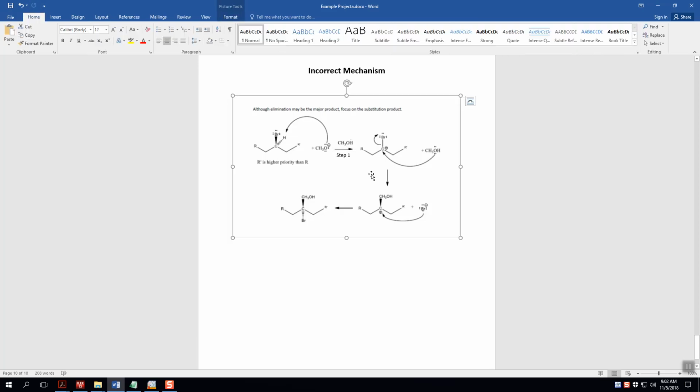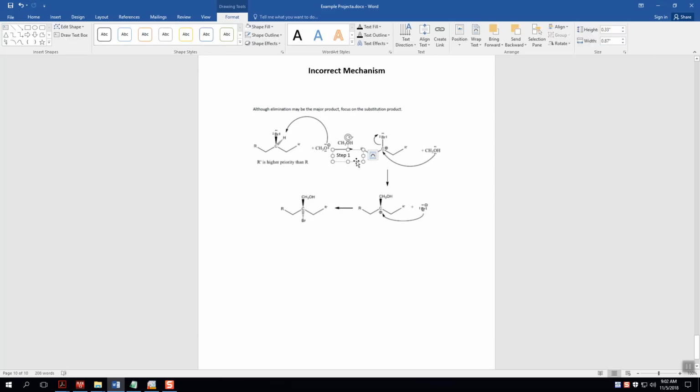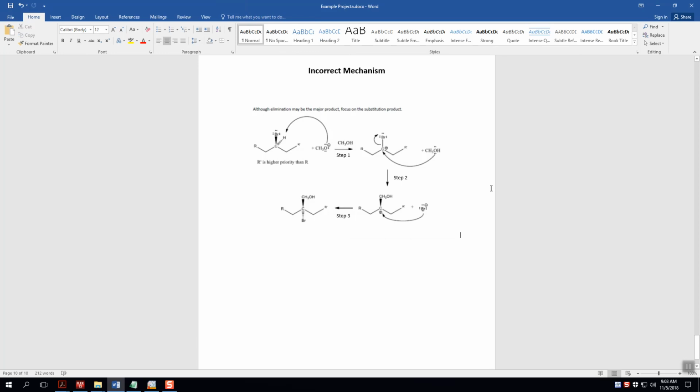So step 1, and then I can Control C, Control V, step 2, and then finally Control C, Control V, step 3. So I've essentially labeled each of the steps of the mechanism, and now I'm going to say what's wrong with them. In many of the mechanisms, there's lots of things wrong with them in each step. So I suggest that we focus on one thing.